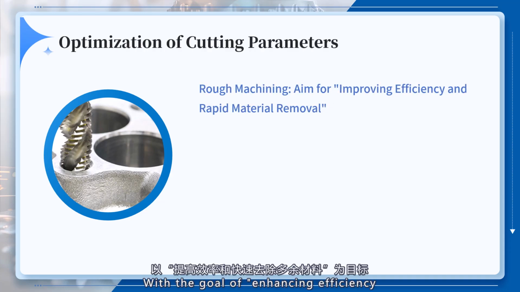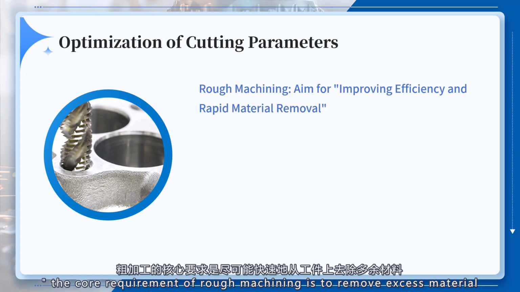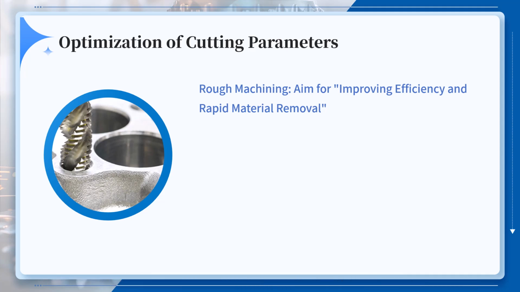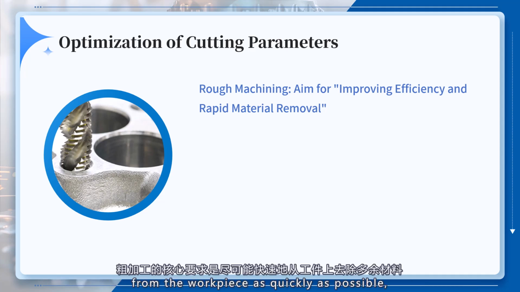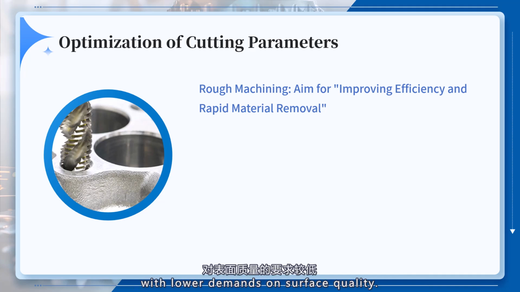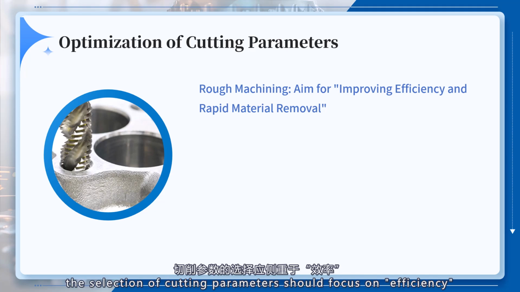Rough machining, with the goal of enhancing efficiency and quickly removing excess material. The core requirement of rough machining is to remove excess material from the workpiece as quickly as possible, with lower demands on surface quality. Therefore, the selection of cutting parameters should focus on efficiency.